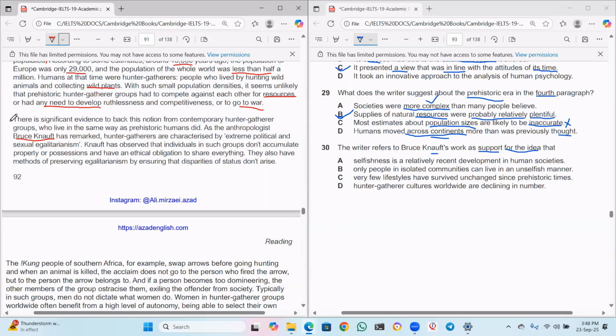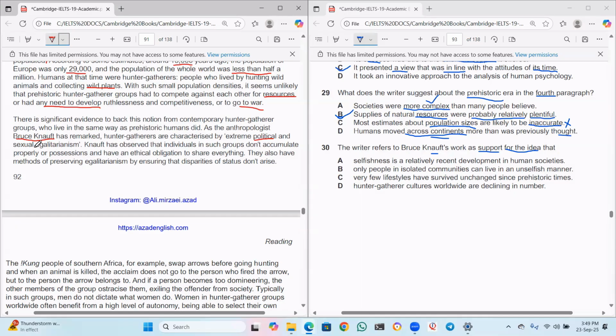There is significant evidence to back this notion from contemporary hunter-gatherer groups who live in the same way as prehistoric humans did. As the anthropologist Bruce Knauft has remarked, hunter-gatherers are characterized by extreme political and sexual egalitarianism.